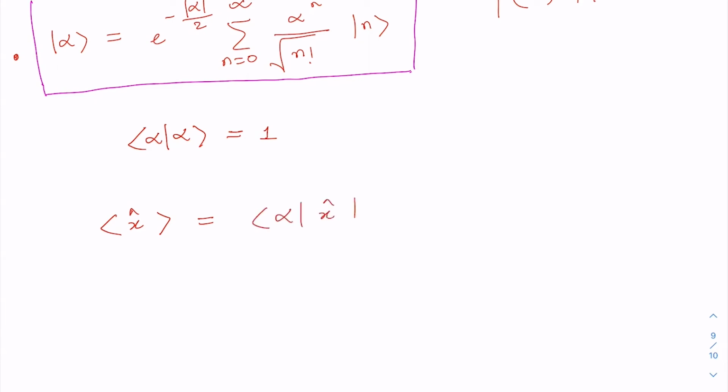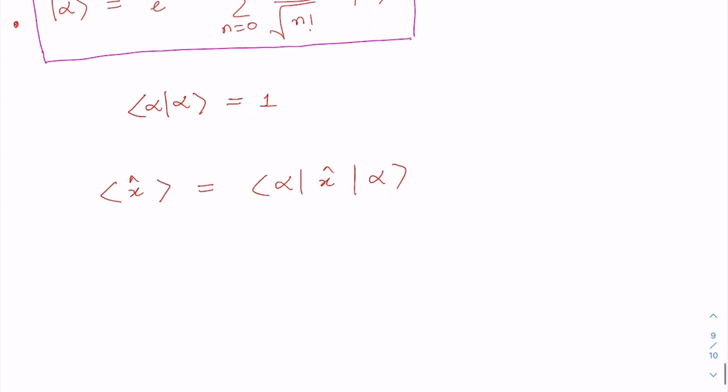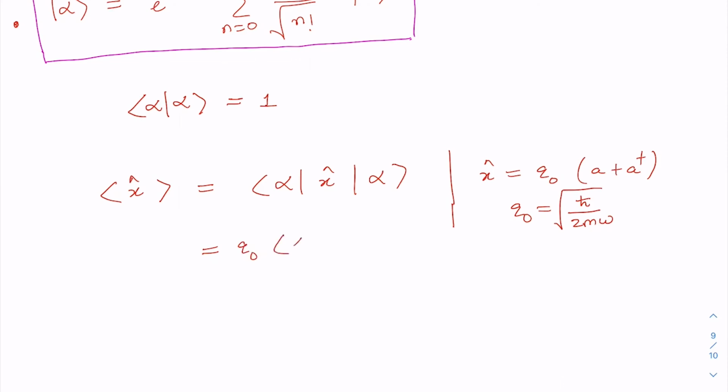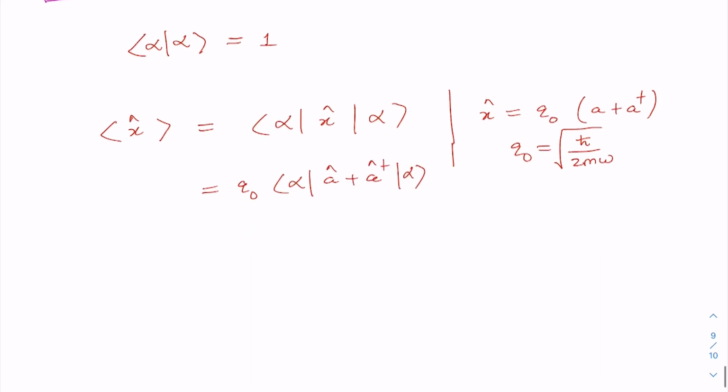We know that the x operator we can write as q0 into a plus a dagger, where q0 is the zero point fluctuation, h cross divided by twice m omega under root. So if I use this, then I can write it as q0 times bra alpha, a plus a dagger, ket alpha, and if you work it out, it's very trivial.